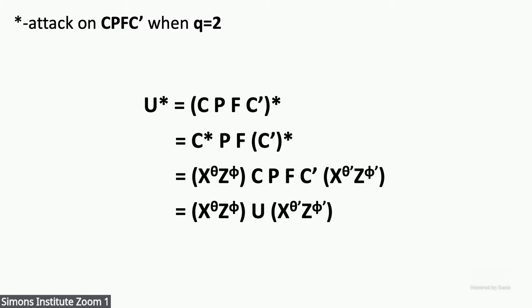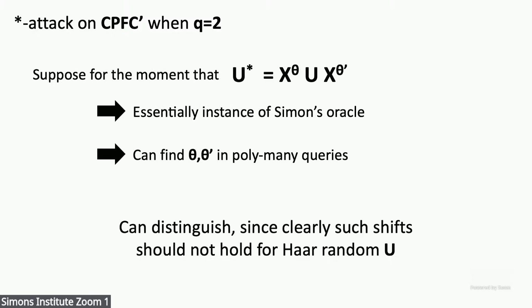And then it turns out that this is a fact about Cliffords, that C and C star just differ by applying Paulis. And so what you actually get is that U star is the same as U, except I've acted on by Paulis. Now I don't know what these Paulis are, but I've just acted on by some Paulis. And now the point is that you can actually learn these Paulis, and that gives you your distinguishing attack.